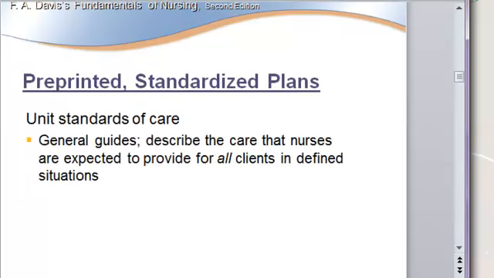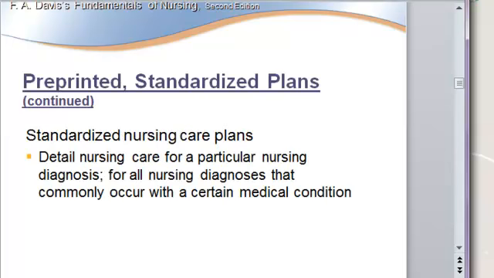There are what they call pre-printed or standardized plans that a lot of agencies, hospitals, and facilities will use. These are just basic general guides to describe the care the nurses are expected to provide for all clients in defined situations. So you may have seen some of those pre-printed standardized care forms.